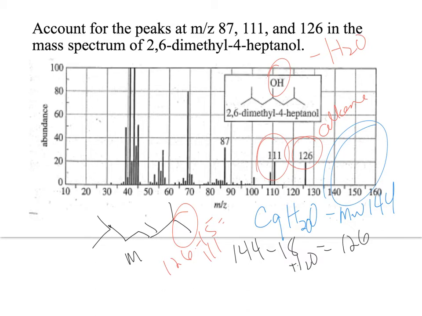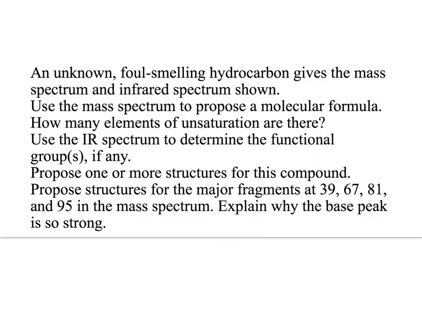And then the 87, so now you just have the 87 to account for, and this 87 is due to alpha cleavage of the alcohol. So if you do have the alcohol and you cleave it there, that's alpha cleavage. Remember, it likes to do alpha cleavage. And that gives you 87.